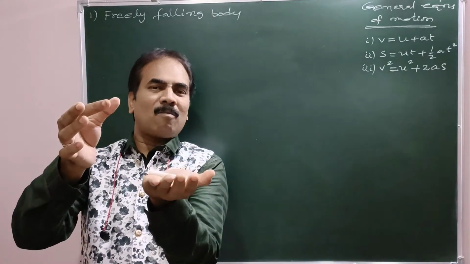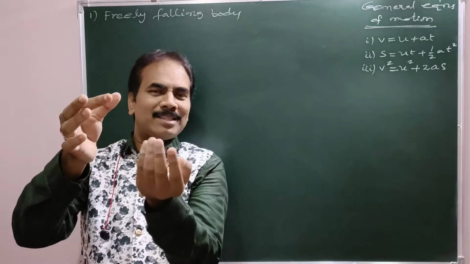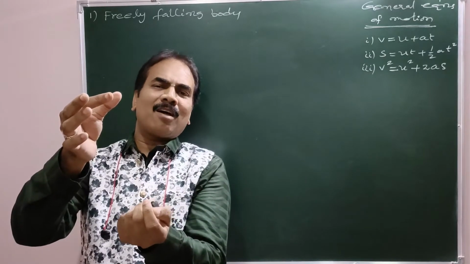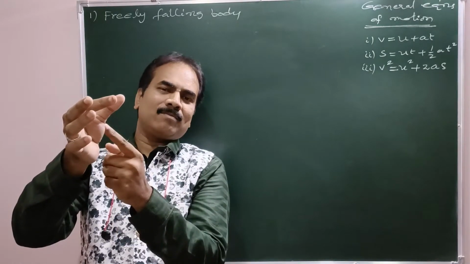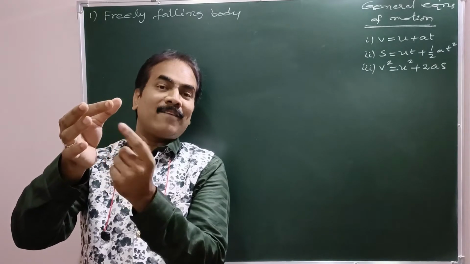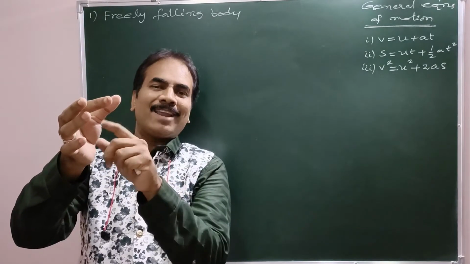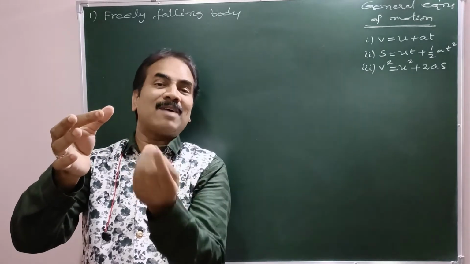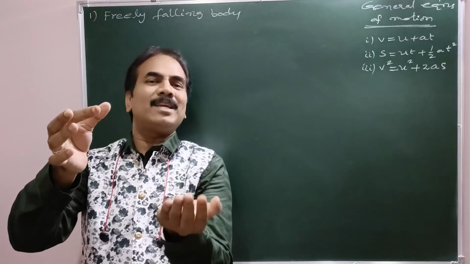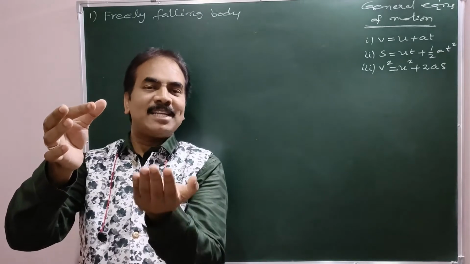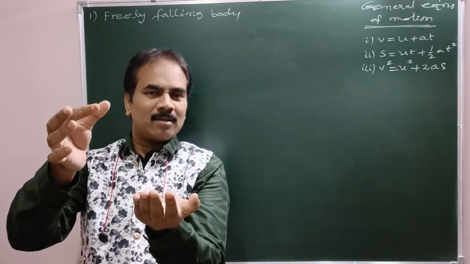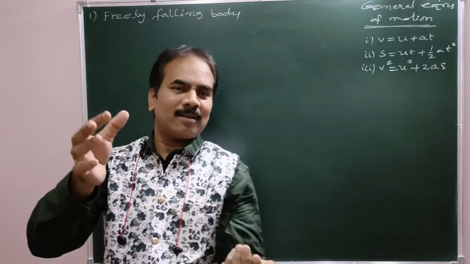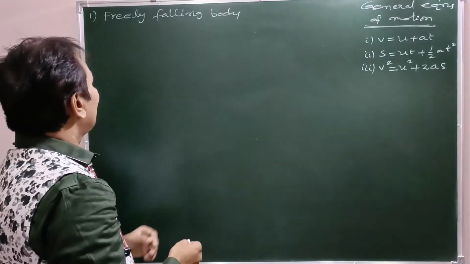Here, in the case of a freely falling body, the initial velocity is 0, since it is not projected. So initial velocity u is 0.